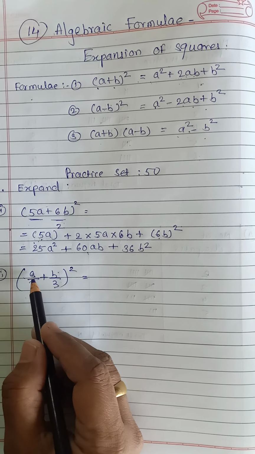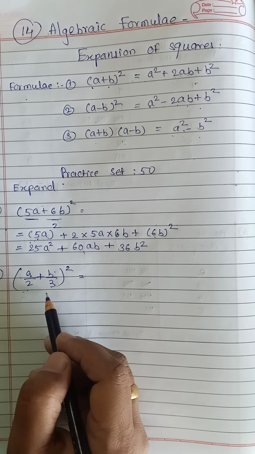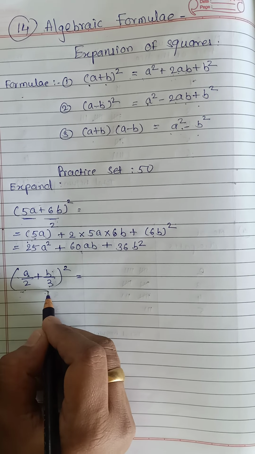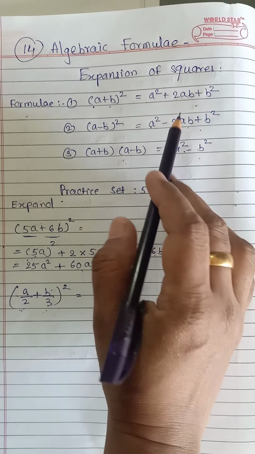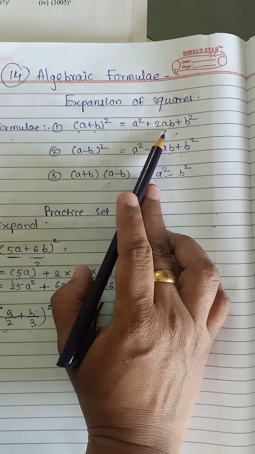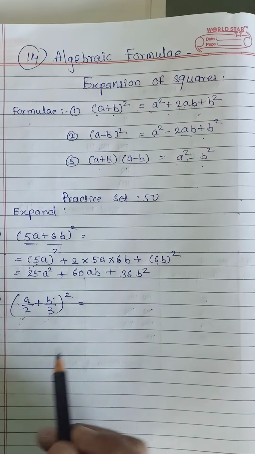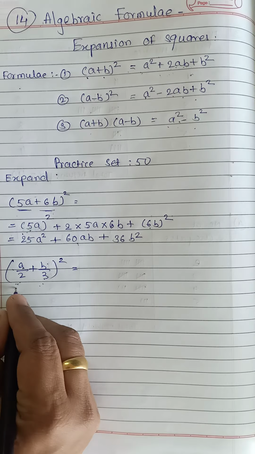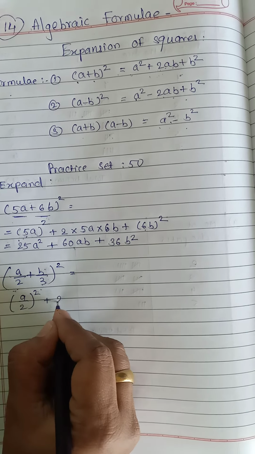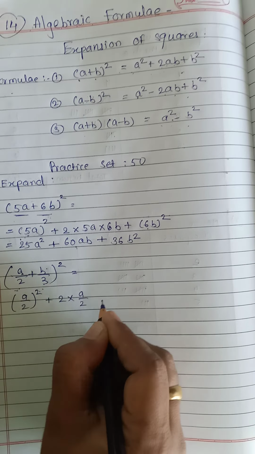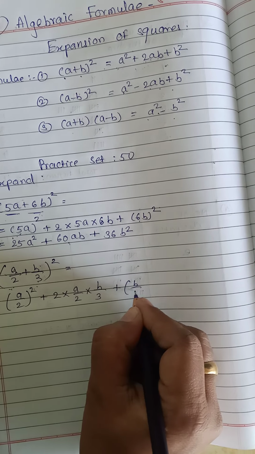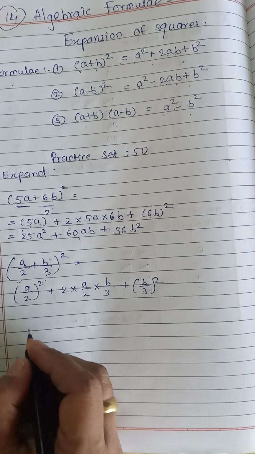Second question, (a/2 + b/3) the whole square. First term is a upon 2, second term is b upon 3. So same, we'll use the first formula, first term square plus 2 into first term into second term plus second term square. So the first term is a upon 2, so (a/2) the whole square plus 2 into first term into second term plus second term square.